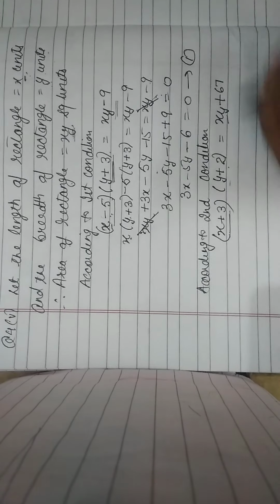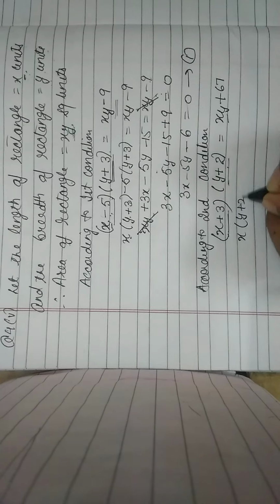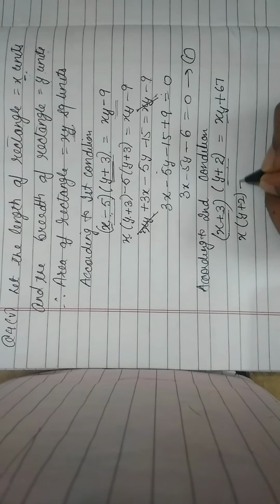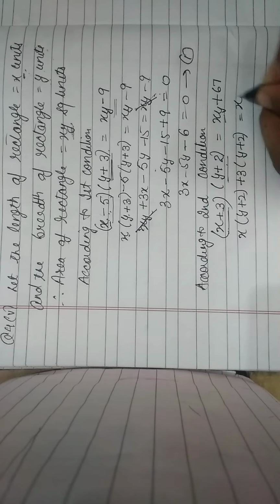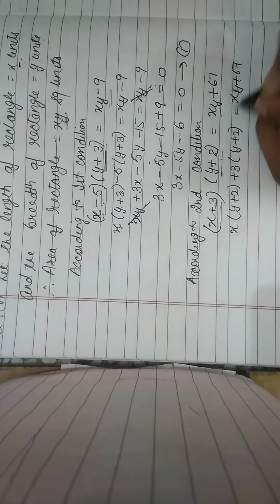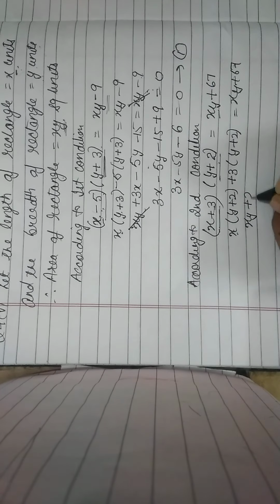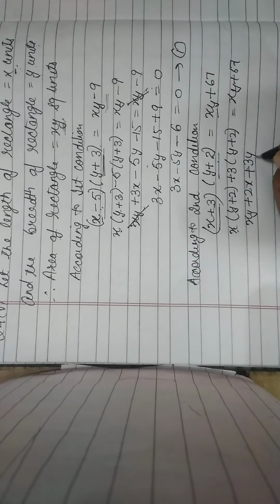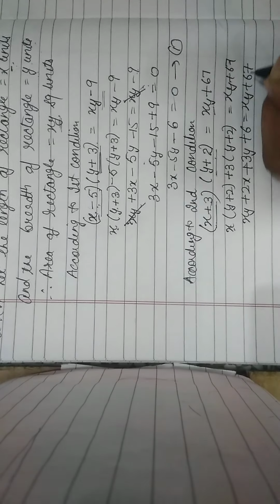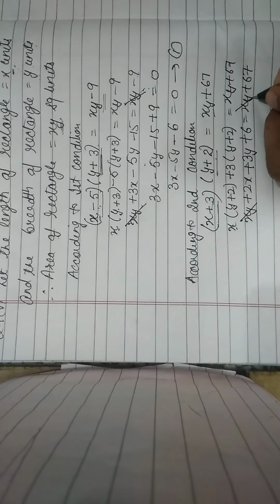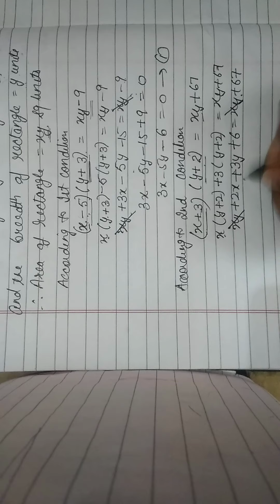Now solve this. Firstly, x is multiplied by y plus 2. Again, the second term of this equation is plus 3. Plus 3 is multiplied by y plus 2 equals xy plus 67. Now x multiplied by y is xy. x multiplied by 2 is 2x. 3y plus 3 times 2 is 6. xy equals xy plus 67. xy cancels from both sides.